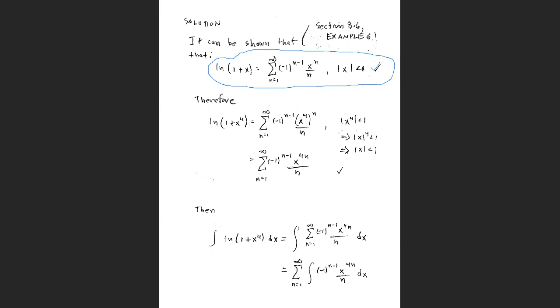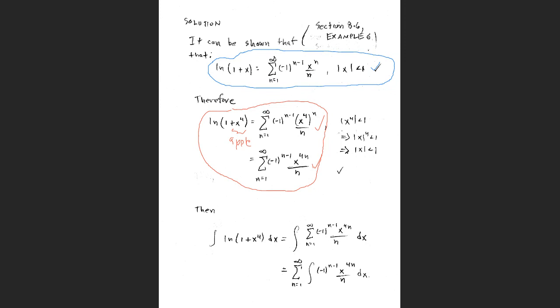Therefore, for the log of 1 plus x to the fourth power, x to the fourth is our apple. You just substitute it in, and you will get this series, where n equals 1 to infinity of negative 1 to the n minus first power times x to the 4nth power divided by n.